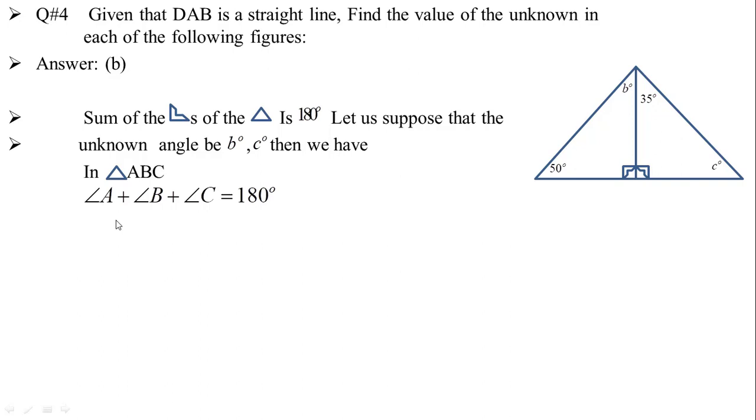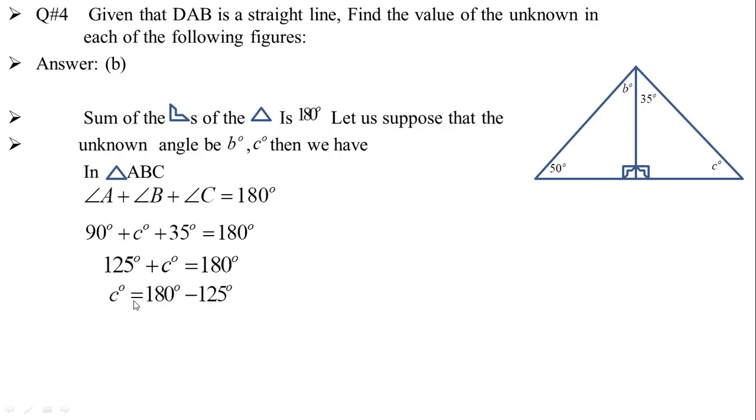So we can write that angle A plus angle B plus angle C is equal to 180. Putting the values, 90 degrees plus C degrees plus 35 degrees is equal to 180 degrees. Adding 90 plus 35, it will be equal to 125 plus C degrees is equal to 180. C degrees is equal to 180 minus 125. C degrees is equal to 55 degrees.